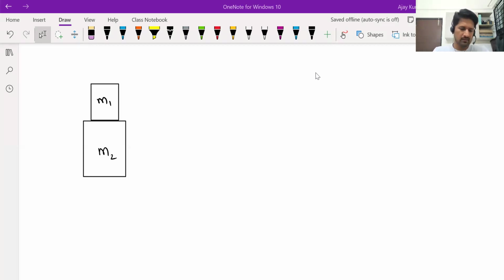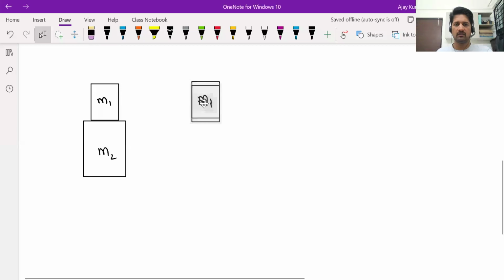Listen, just recollect what I said a few minutes back. If you want to find out whether normal force acts between two surfaces or not, visualize their motion independent of each other. Consider only M1. Forget M2 existed. Consider only M1 and gravity acting on it. How will M1 move?